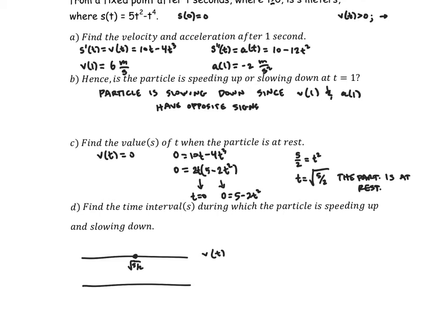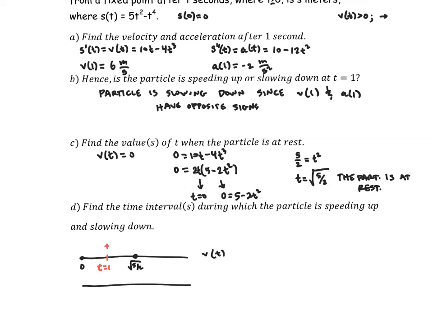Okay, so I could test to the left and to the right. The square root of 5 halves is greater than 1. So let me test t equals 1. Well, I've already done that, and the velocity at t equals 1 is positive. So the velocity will be positive everywhere from t equals 0 up to, but not including, t equals square root of 5 halves.